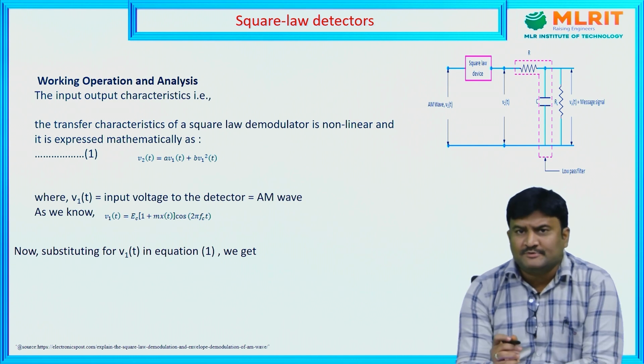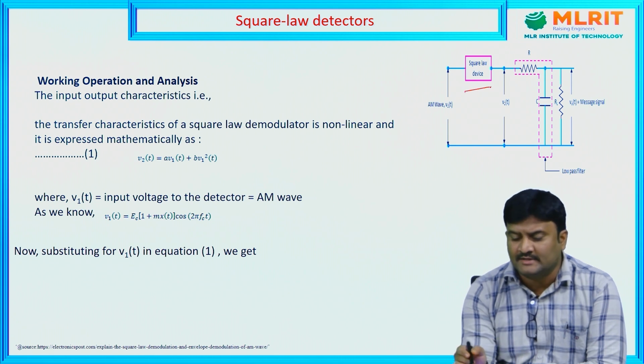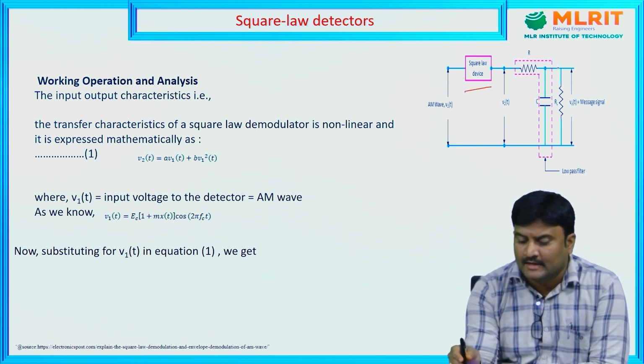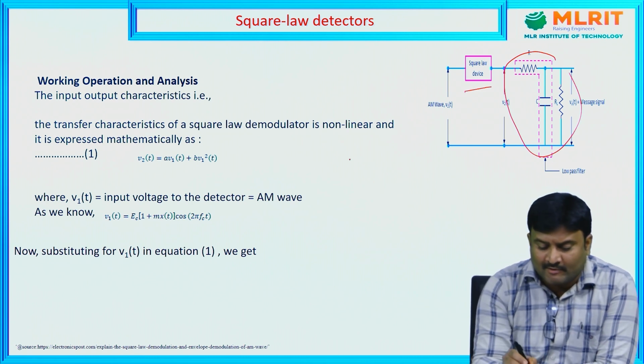Observe the diagram very clearly. Here I am taking the square law device. The square law device is followed by a low pass filter. Just observe the block diagram here.